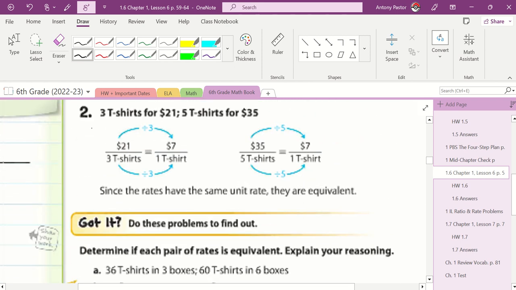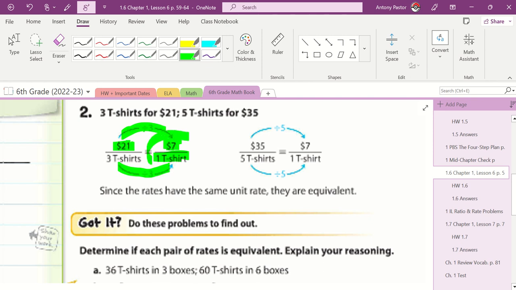Example number 2. 3 t-shirts for $21, 5 t-shirts for $35. We are going to unit rate this down to the price per t-shirt. So I'm going to divide 3 t-shirts by 3. I'm going to get 1 t-shirt. When I divide 21 by 3, I'm going to get 7. So what it's telling me is it's going to be $7 per t-shirt.